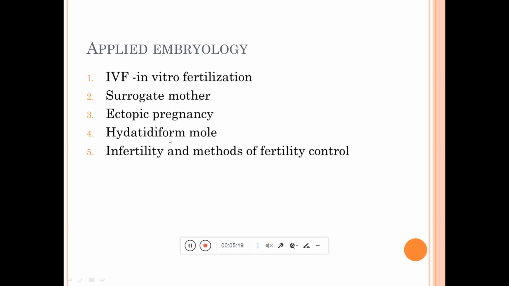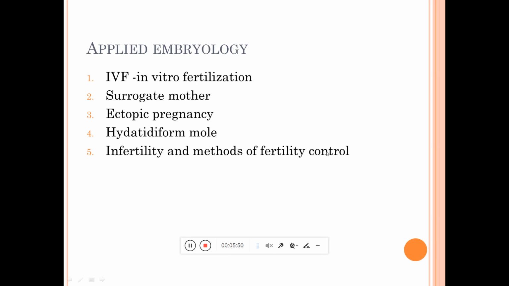It's known as hydatidiform mole. Actually, it's due to fertilization of an empty oocyte. The oocyte is there but without a nucleus, and this type of development is known as hydatidiform mole. Ultimately, no embryo will develop.